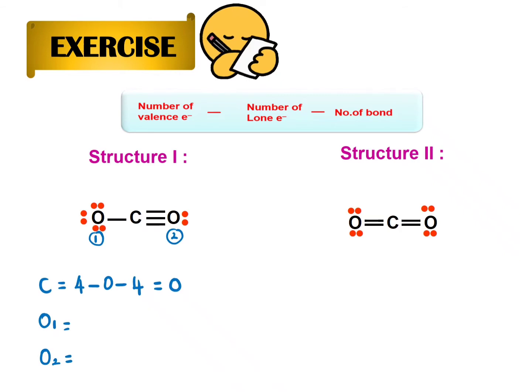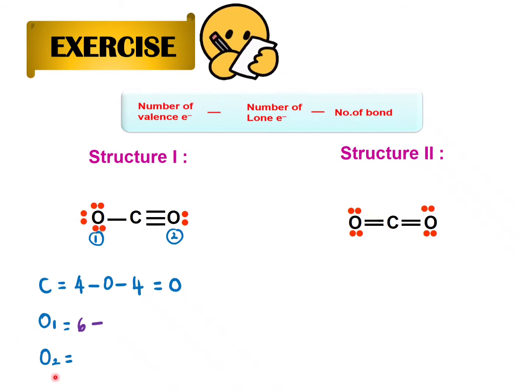And then we do the first oxygen. We know that the valence electrons for oxygen is 6 because oxygen is in group 16. Minus the number of electrons on the first oxygen. How many do we have? 1, 2, 3, 4, 5, 6.